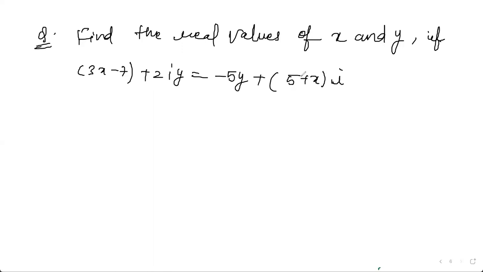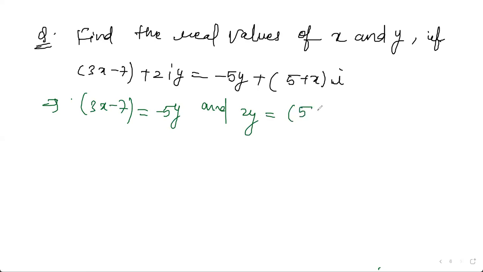So from here we can write 3x minus 7 equal to minus 5y, and 2y equal to 5 plus x.